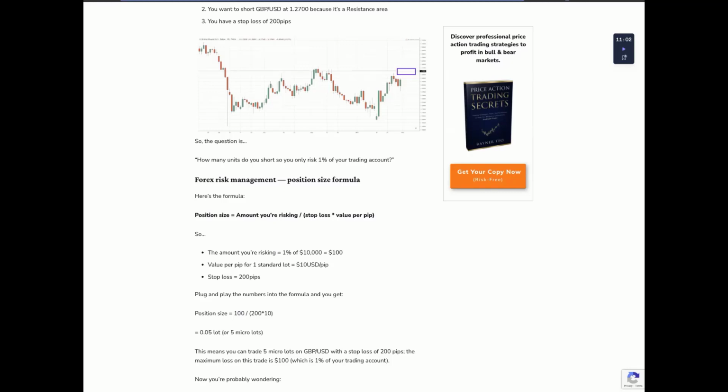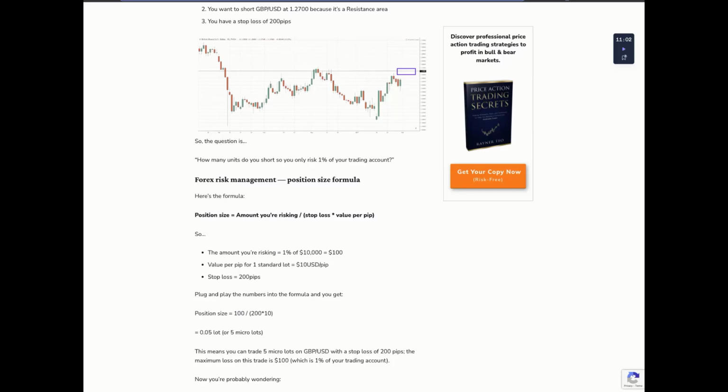Which means if you still want to put your stop loss at 200 pips and you want to risk 2% of your account, you are to use 0.03.